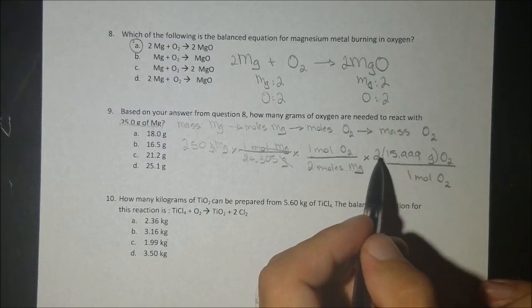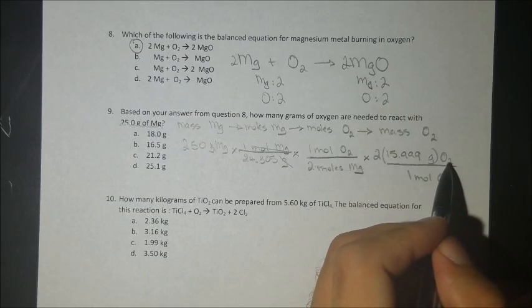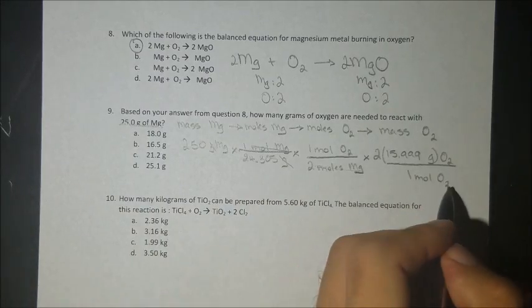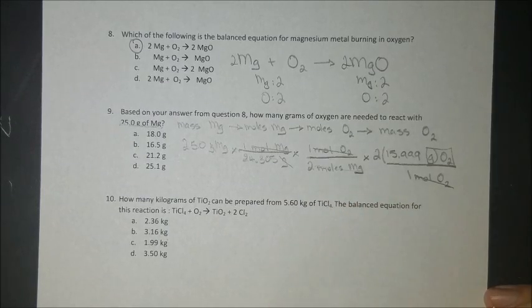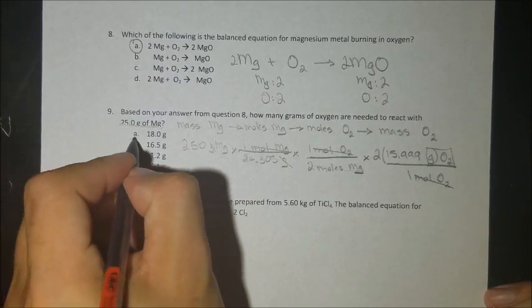So I just have to have that 2 there to recognize that it's O2. So now our moles of O2 cancel, and we are now in grams of O2, and that is what we want. So if we were to run this through our calculator, we would find that the correct answer for number 9 is B.